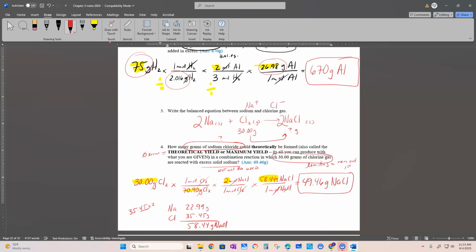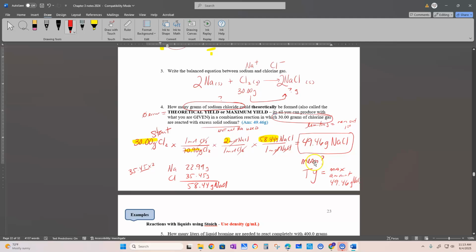So now the question is, what does this mean? Okay, if you start with 30 grams of Cl2, theoretically, we like to call this theoretical yield, the maximum amount that you can produce is 40.46 grams of that salt in this reaction.